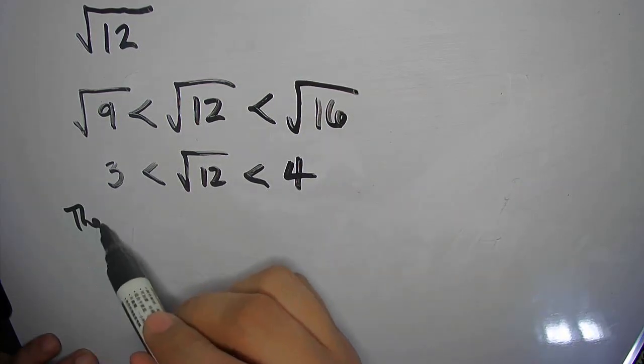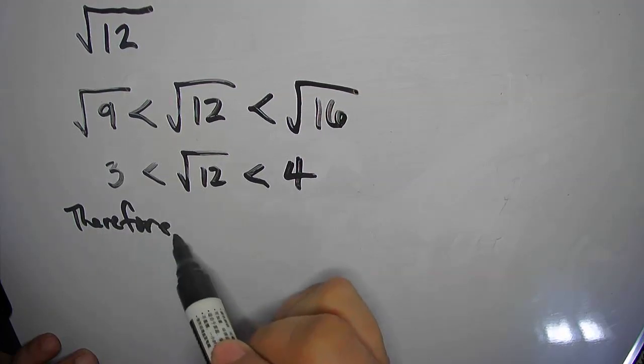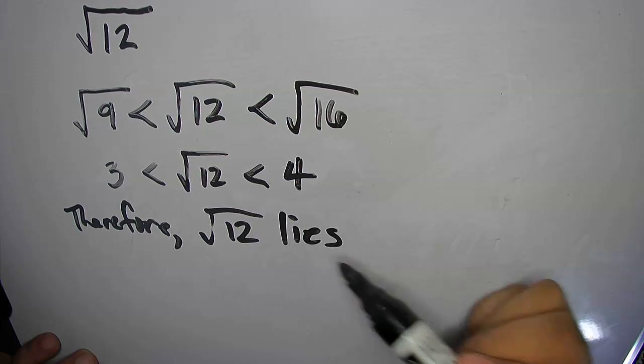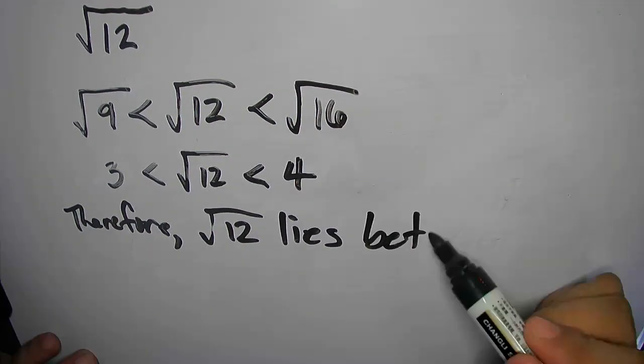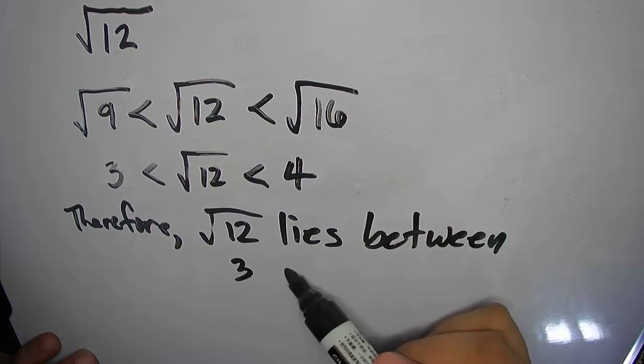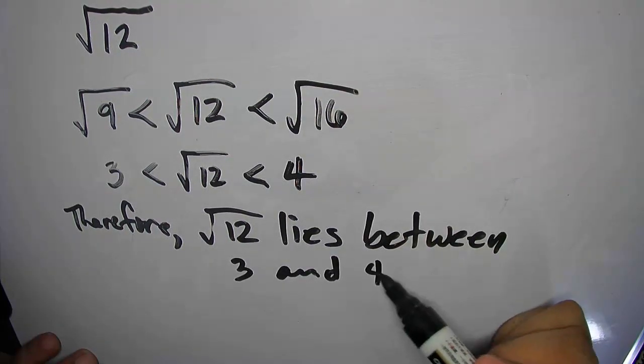Therefore, square root of 12 lies between what two integers? That's 3 and 4.